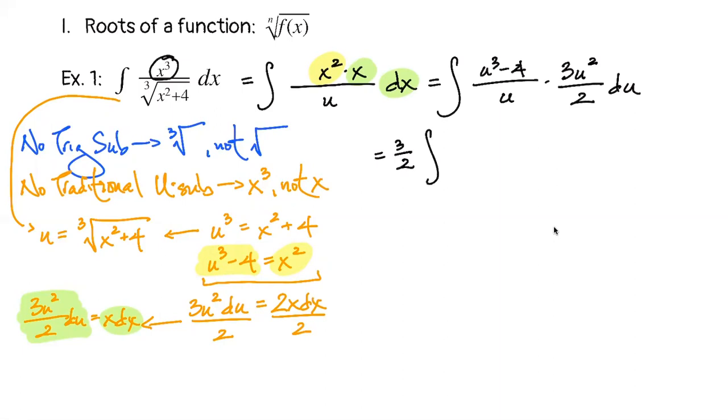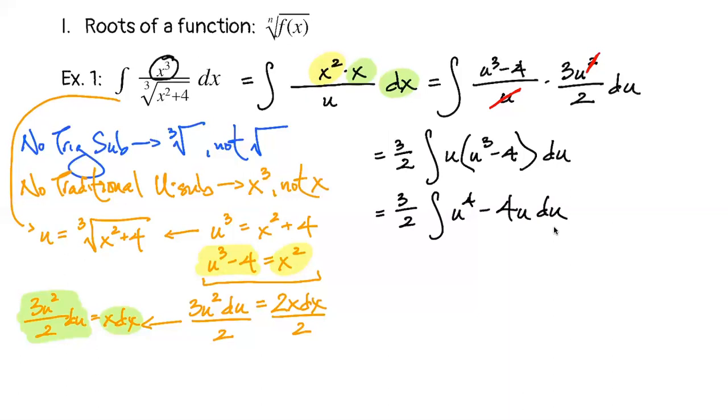I also know that this u on the bottom can reduce with one of the u's up here. And so on the inside, I end up with u times u to the third minus 4 du. Or we can write that as 3/2 integral of u to the fourth minus 4u du.